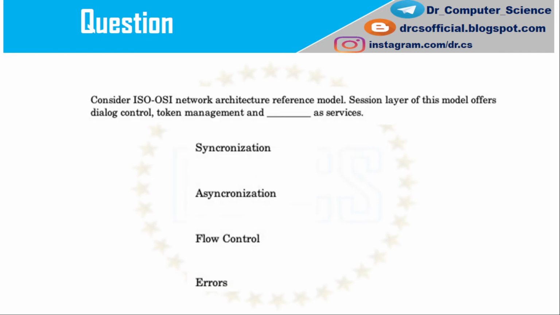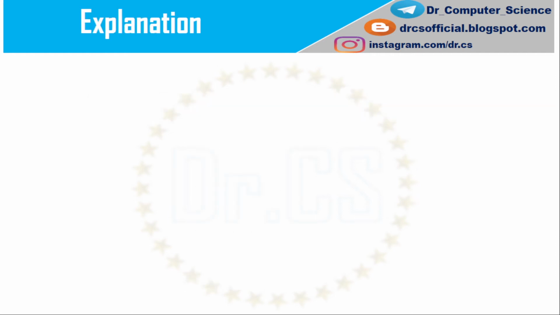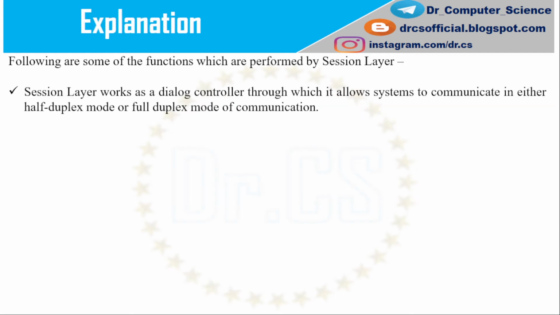Next question. Consider the ISO OSI network architecture reference model. The session layer of this model offers dialog control, token management and dash as a service. Explanation. These are the functions performed by the session layer.